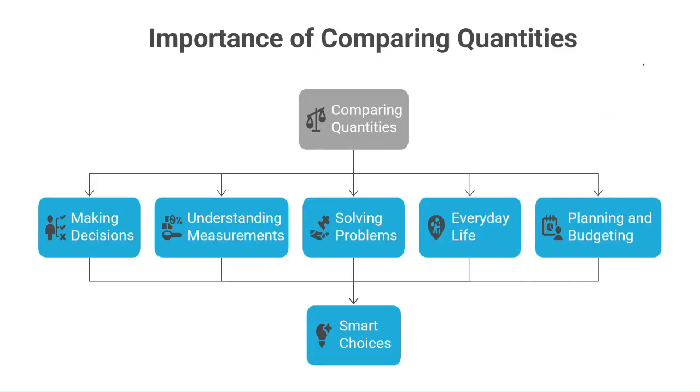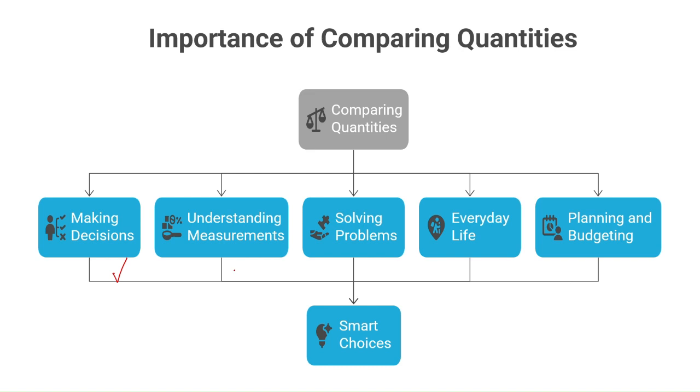Let's go deeper into how important it is for our day-to-day lives. For example, as I mentioned, making decisions: you go to a store, buying 2 quantities, 3 quantities, or splitting your money so that you can buy a pencil as well as some chocolates. Then understanding measurement.